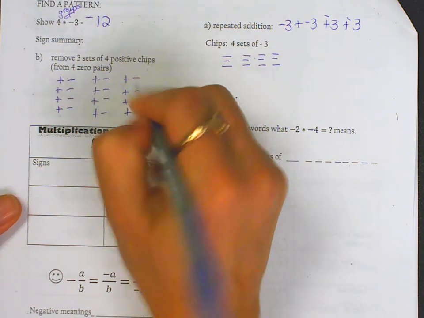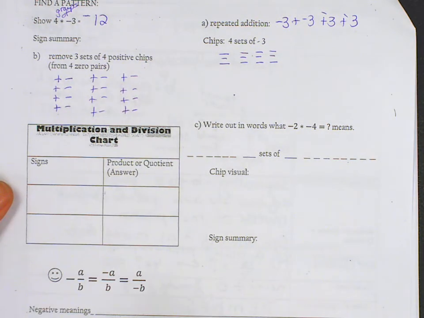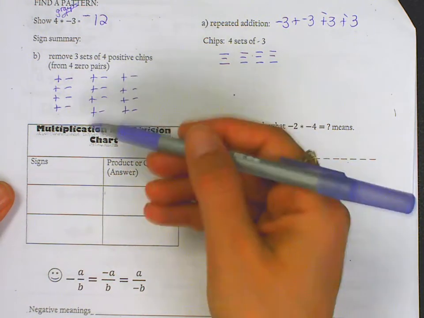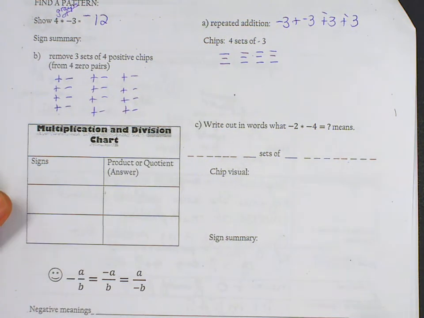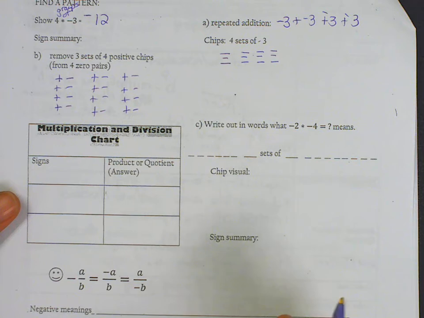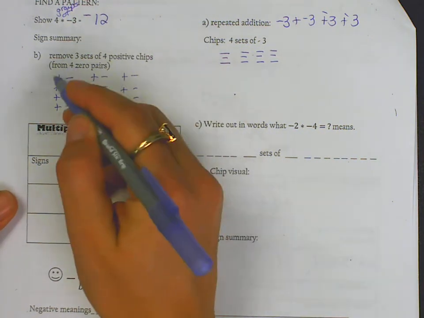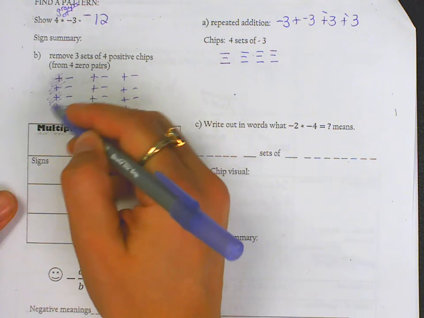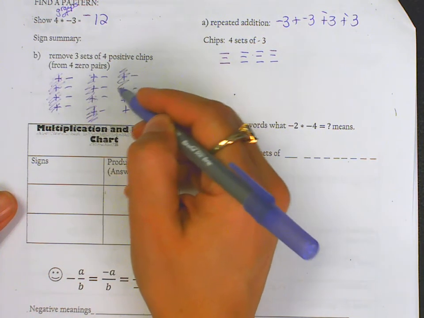What number do I have on the paper right now? Now this is a little difficult, I understand. I have zeros, a bunch of zeros. But now I'm going to remove, and if you remember from our chip notes with subtraction, removing is a light shading. I'm going to lightly shade 1 set of 4 positives, 2 sets of 4 positives, and the third set of 4 positives.